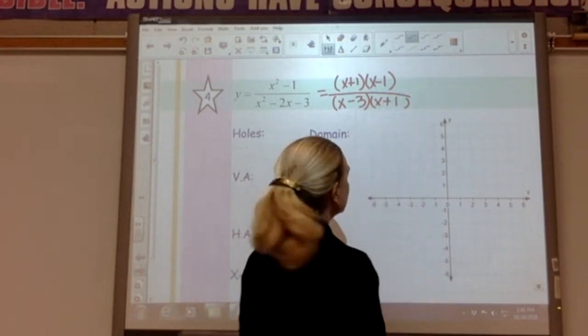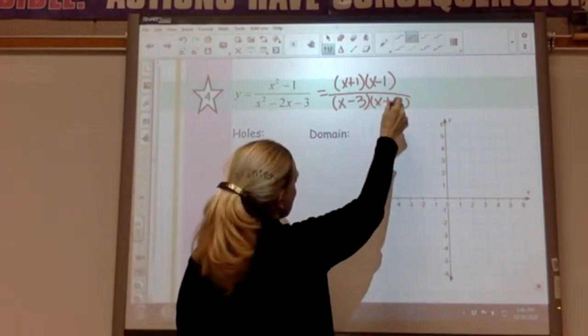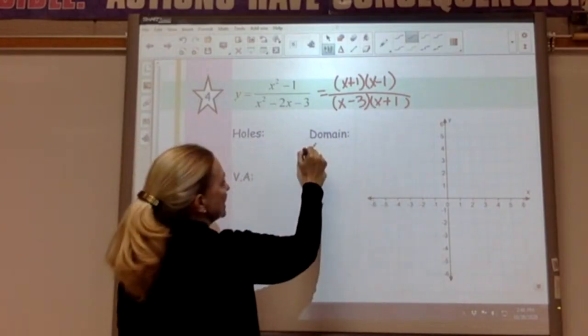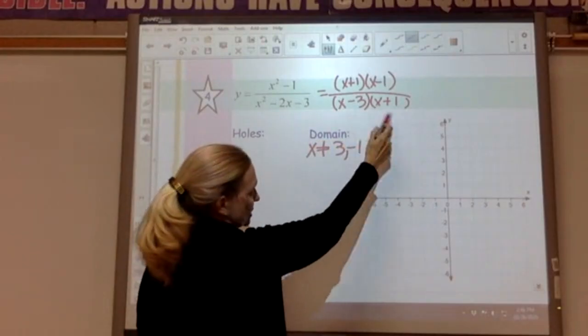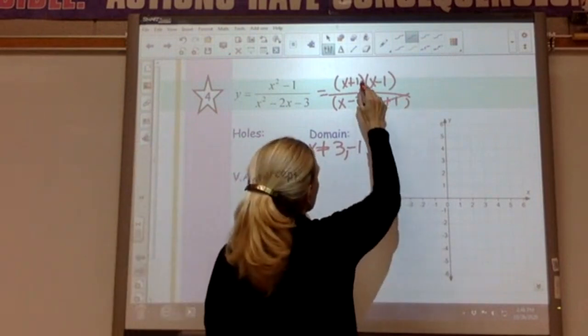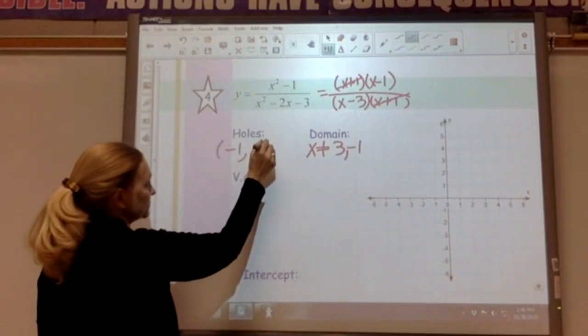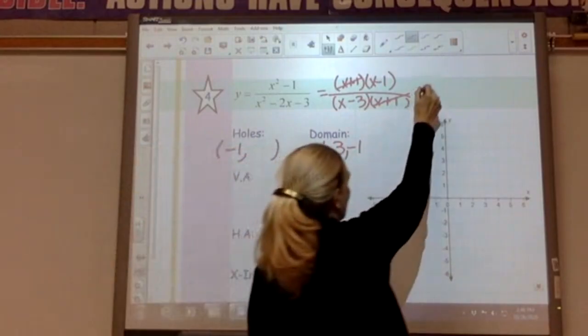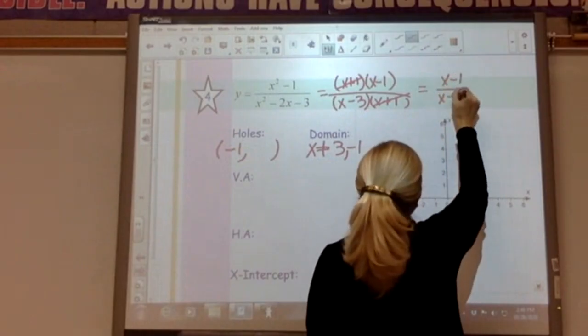So we have another hole. The common factor is x plus 1. Let me go ahead and say x cannot equal 3 or negative 1, since the denominator equals 0. So now I'm going to cross out the x plus 1. So for my hole, it's going to be at x equals negative 1. So this reduced fraction is x minus 1 over x minus 3.